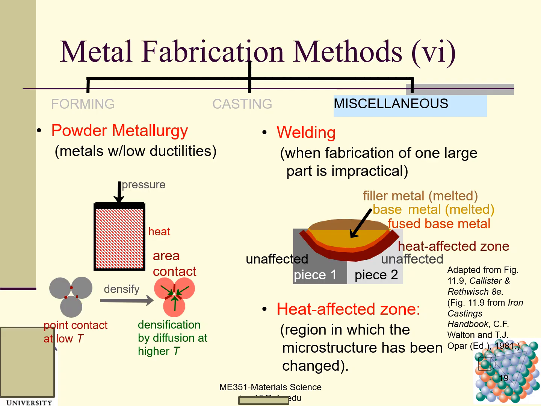For welding, we need to pay attention to the structural integrity in this area, especially in the heat affected zone, because there might be some defects there, some pores and some impurities. All these can reduce the structural strength of this area substantially, so be very, very careful.